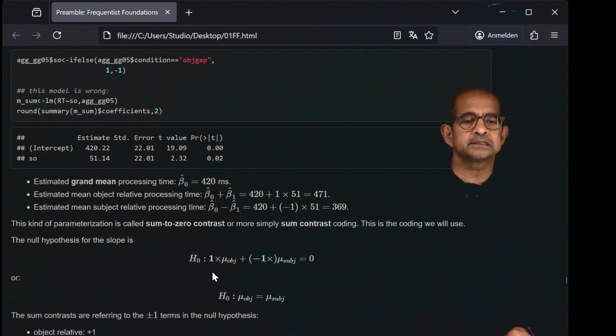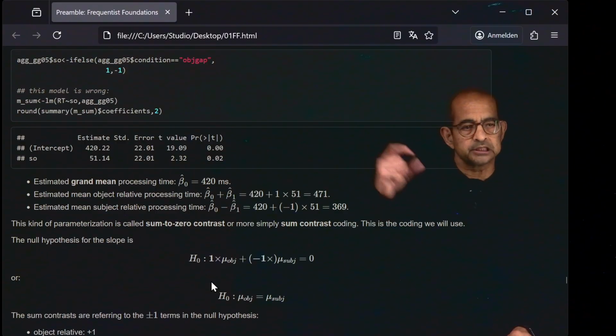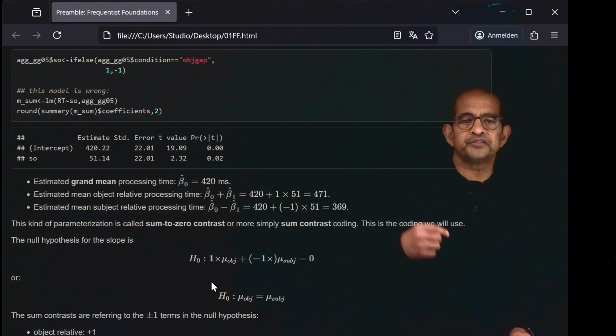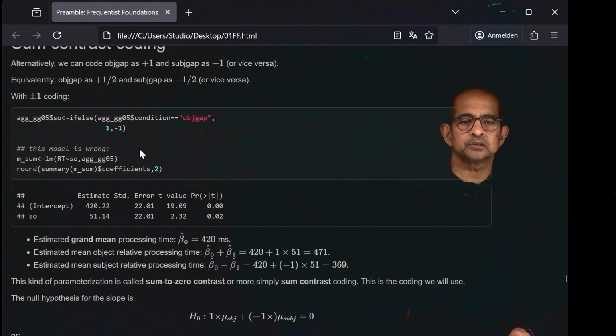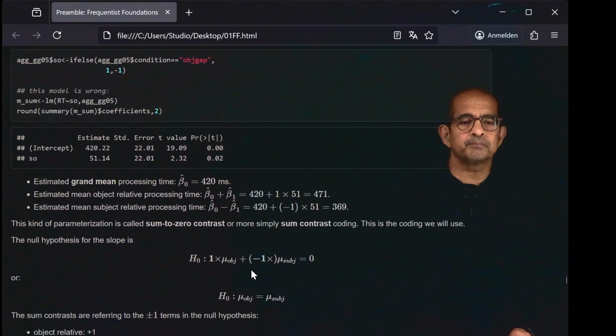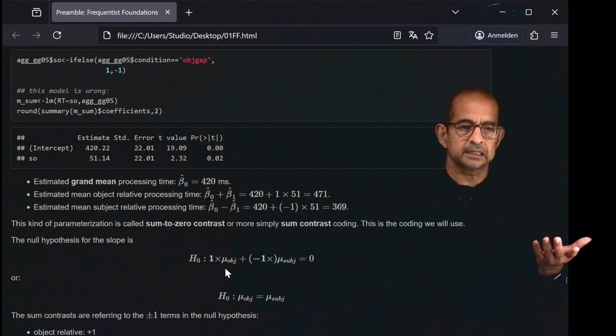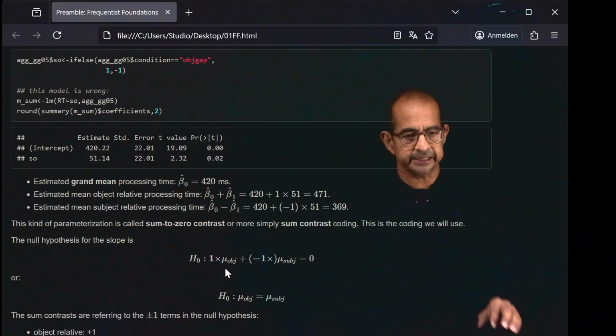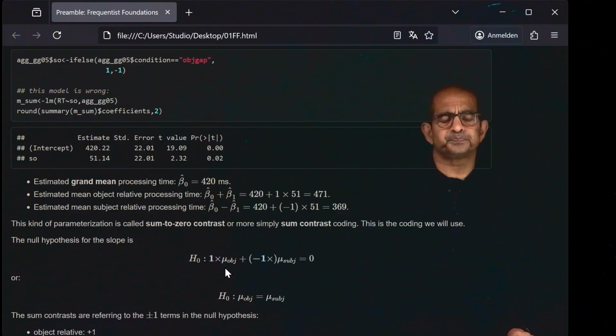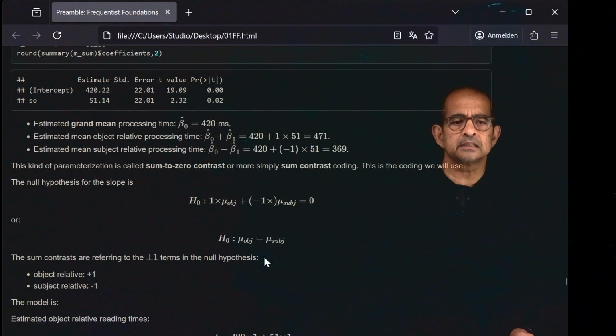And that could be expressed as these coefficients here, which you can think of as the coefficients that go into this +1, -1 coding. And of course, in this null hypothesis specification, if I had +half, -half, the null hypothesis does not change. That's scaled differently. So you could use +half, -half, or +1, -1 coding. Both would be sum contrast codings, right? That's the important thing to understand with sum contrast coding.